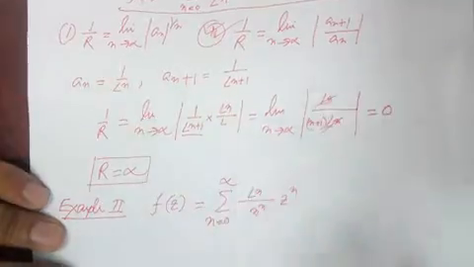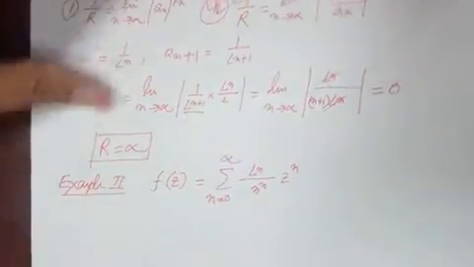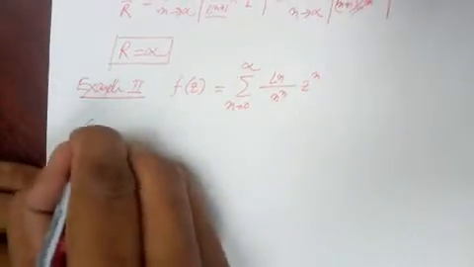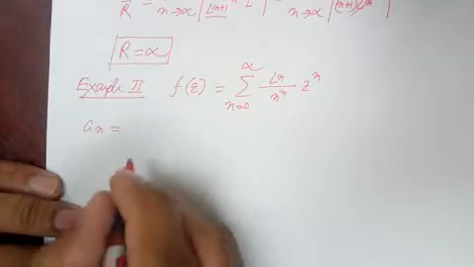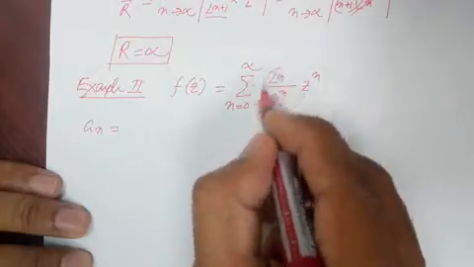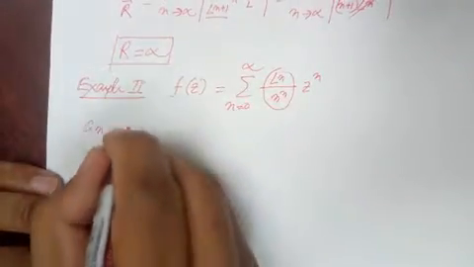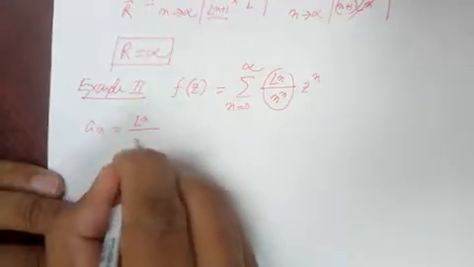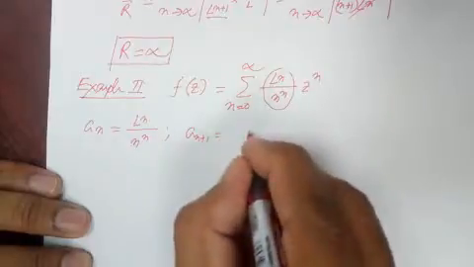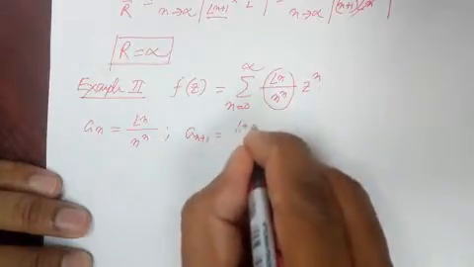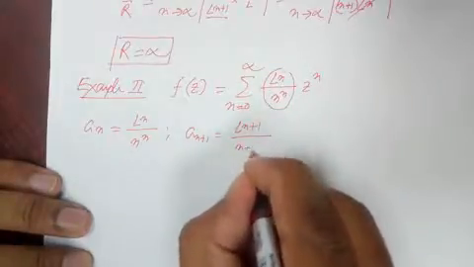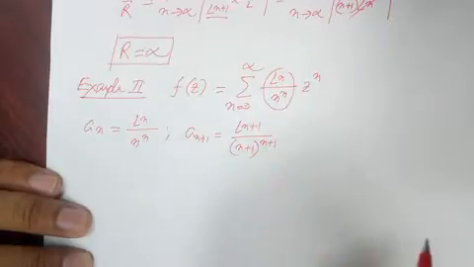Using the same formula, a_n equals factorial n over n to the power n, and a_(n+1) we can write as factorial (n plus 1) over (n plus 1) to the power (n plus 1).